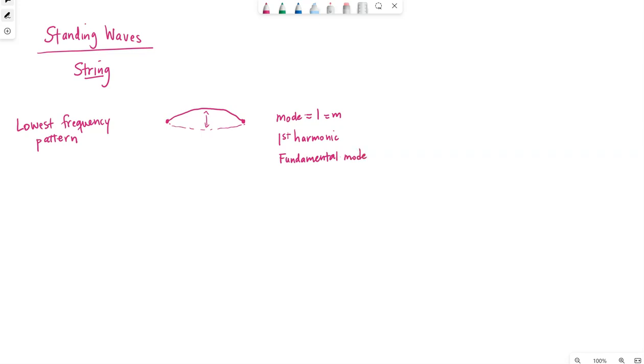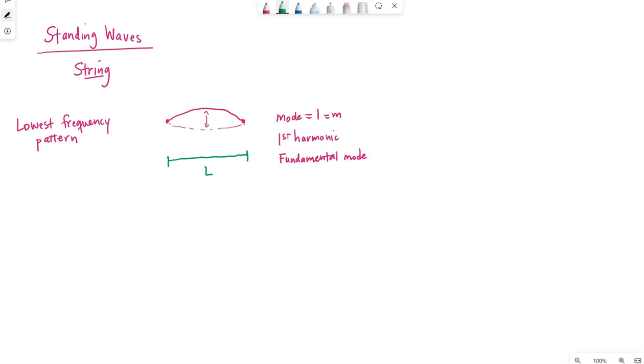The frequency that creates this pattern is called the fundamental frequency. So depending upon the string, depending upon how long this string is, so how long between the two anchors, and depending upon how fast the wave is traveling, that determines the fundamental frequency.